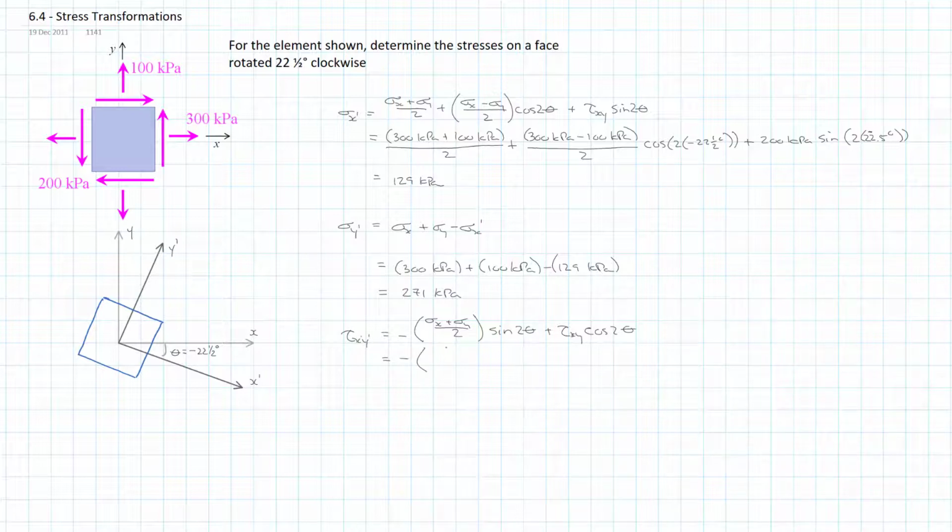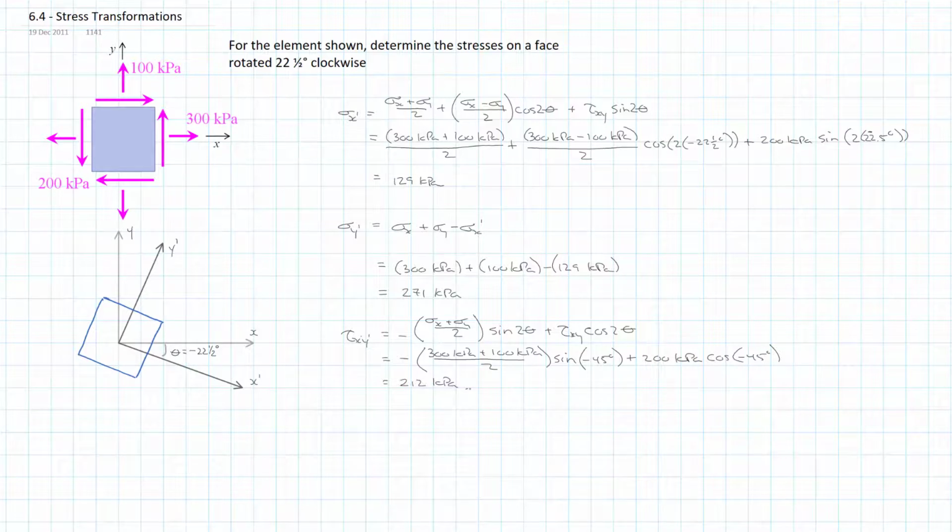So that's 300 kPa minus 100 kPa, all divided by 2, multiplied by sine of negative 45 degrees, a little simpler, plus tau xy, which is 200 kilopascals, multiplied by cos negative 45 degrees, and we get a value of 212 kilopascals.